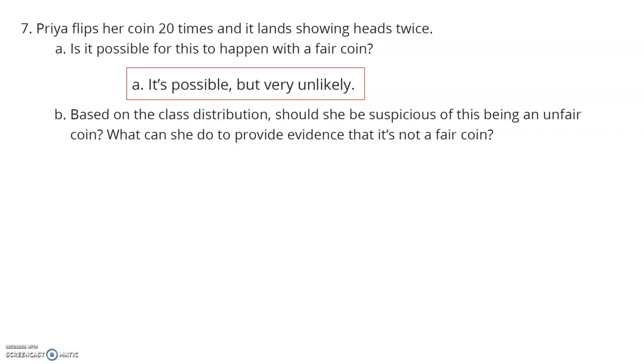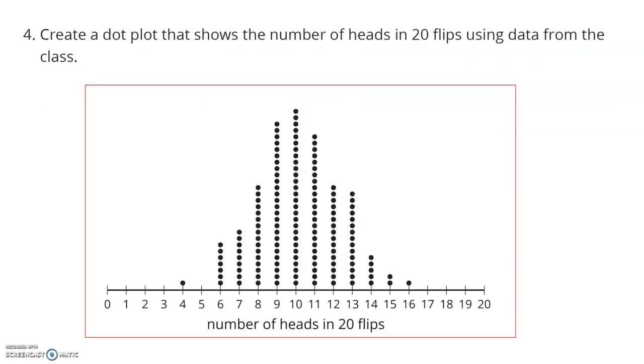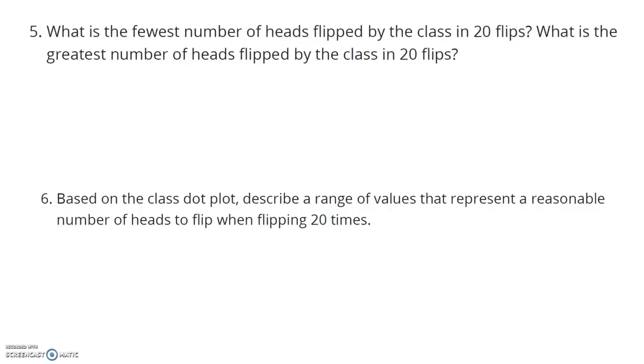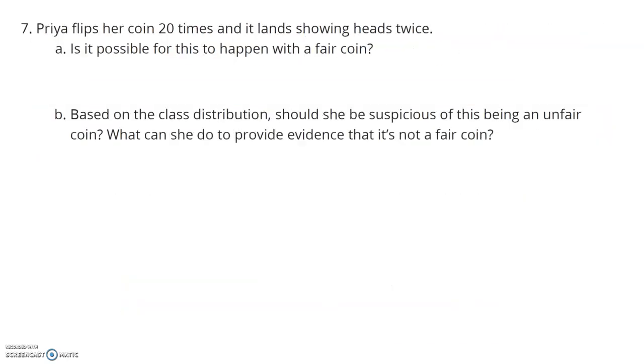Again, here you have to look at what we have. If we go back here, it seems that for the number of heads in 20 flips, 10 is the average.